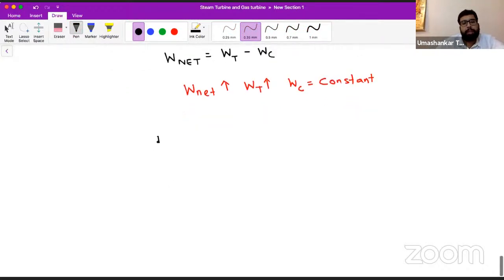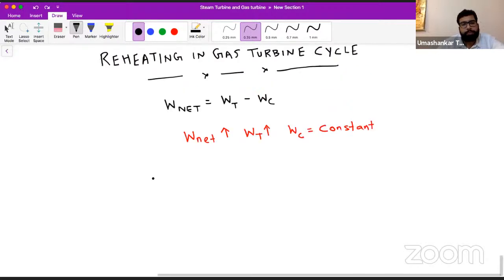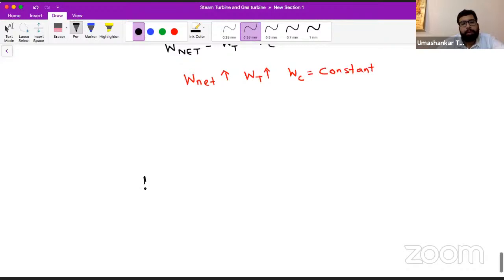So let us first make the arrangement of it. Here again we have a compressor. Instead of compressing it in 2 stages as we have done in the intercooling, we are compressing it in 1 stage.